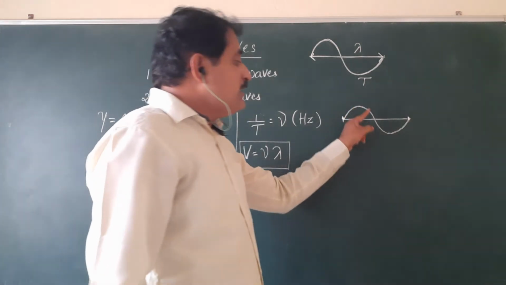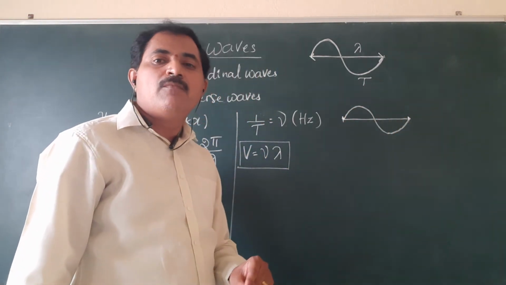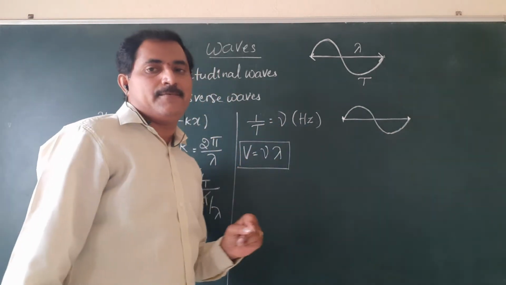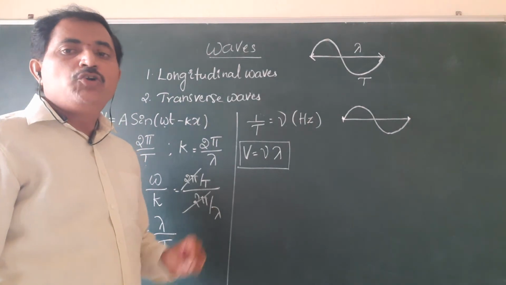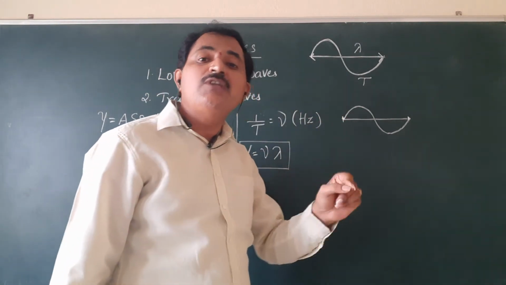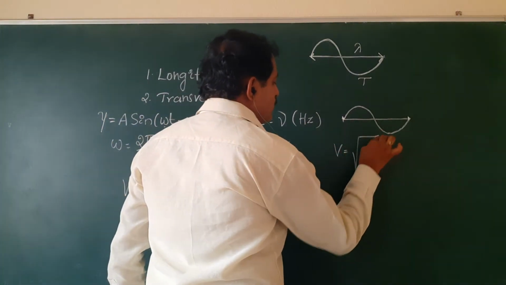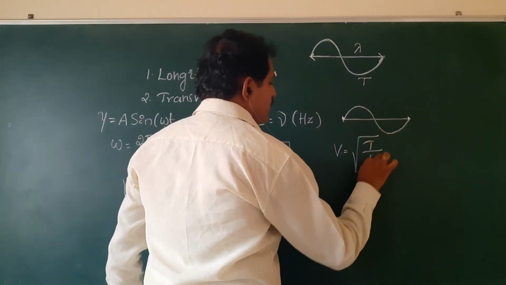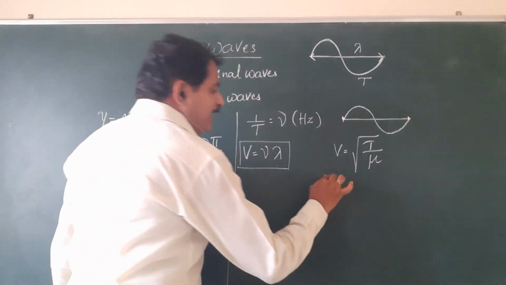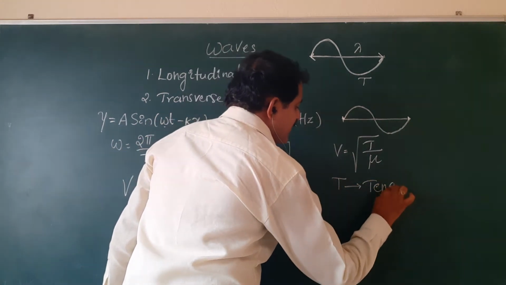When the wave is traveling through the string, that wave definitely will have a certain velocity. To find the velocity of the waves through strings, we use the formula v is equal to square root of T by mu, where T is called tension in the string.